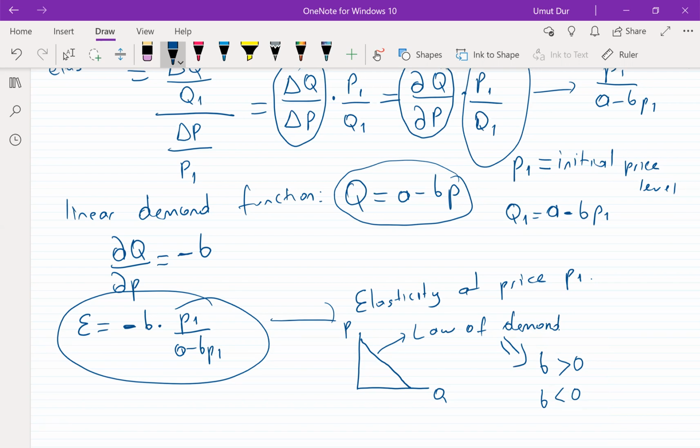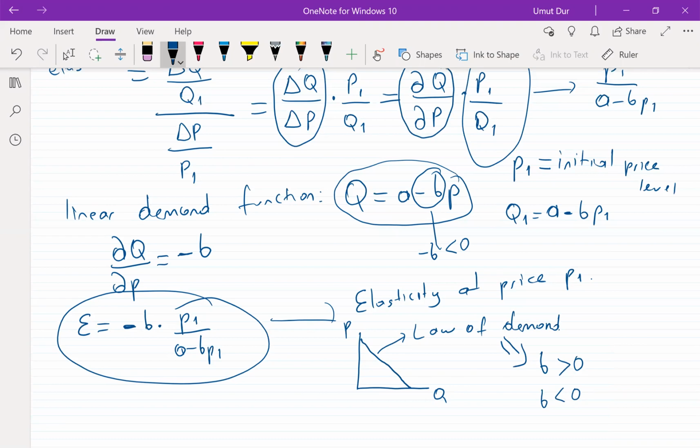So basically, let's think about it again. As the price increases, I want to see lower quantity, which means that whenever the price increases, there should be some reduction on the right hand side, and that reduction will happen if this term, minus b, is less than 0.